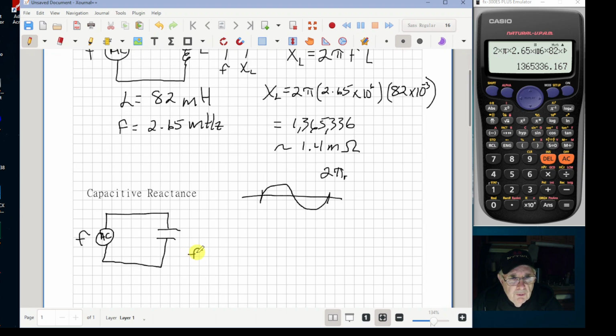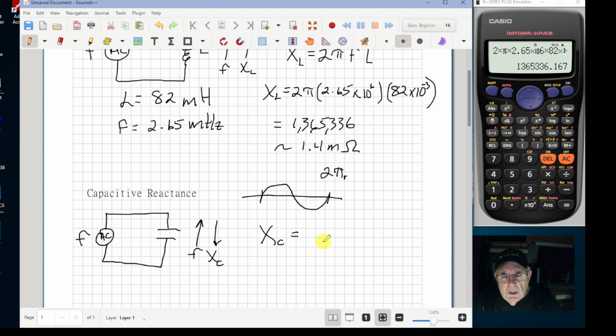So as frequency increases, capacitive reactance decreases. That's an inverse relationship. So X sub C, then, it's inverse.